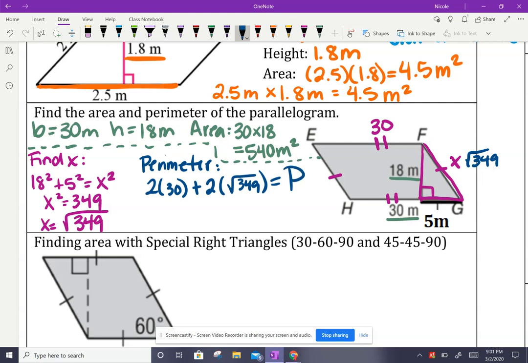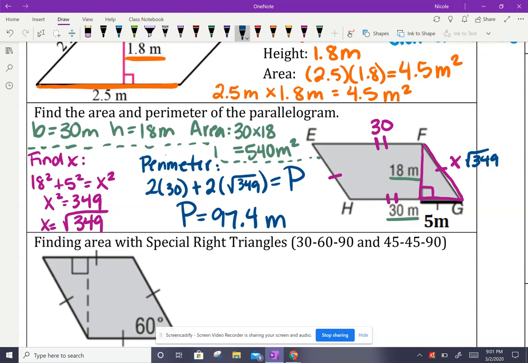So with my calculator, I'm going to do this real quickly. Make sure I'm using parentheses when I multiply, just in case I accidentally type something incorrectly. There we go. And then I am going to round my answer to the nearest tenth. So my perimeter is going to be 97.4 meters.